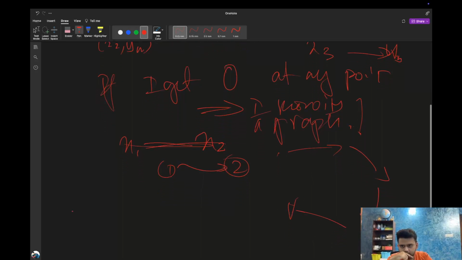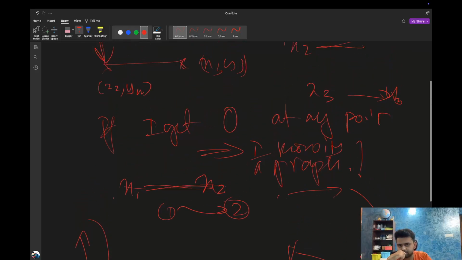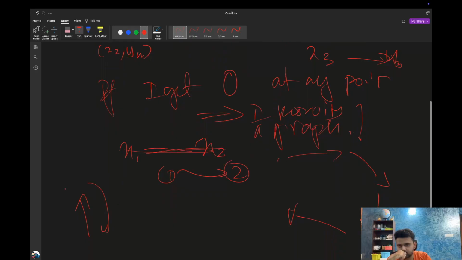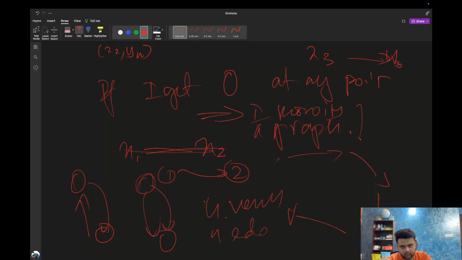So if I, one, two, three, four. So you have 4 vertices, 4 edges.